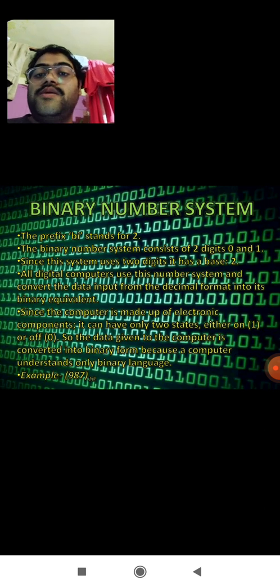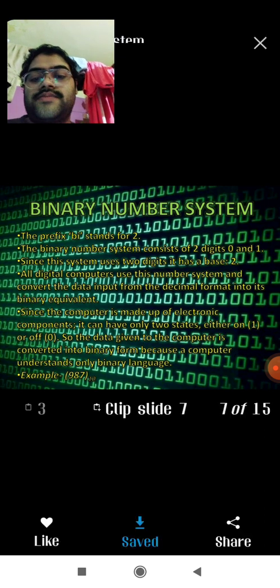I have already said this in the prior discussion. Since a computer is made up of electronic components, it can only have two states, either on or off, where on represents 1 and off represents 0. So the data given to the computer is converted into binary form because a computer understands only the binary system.